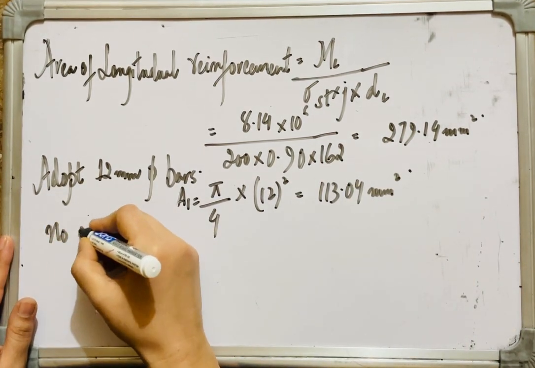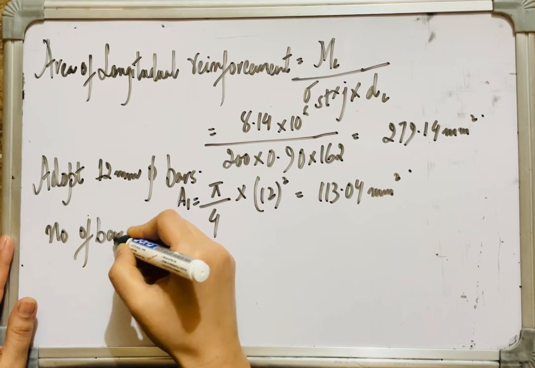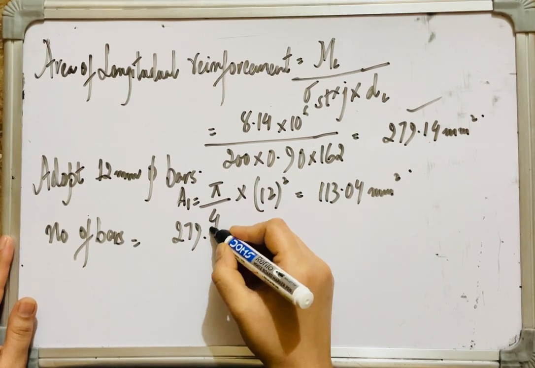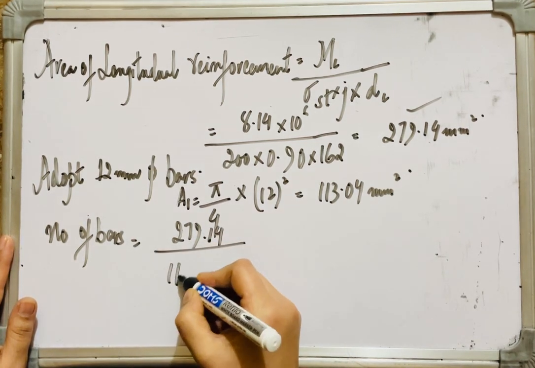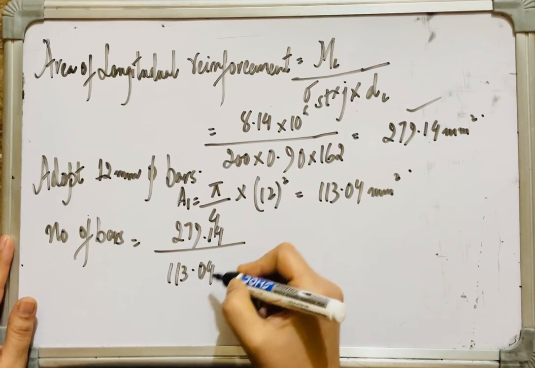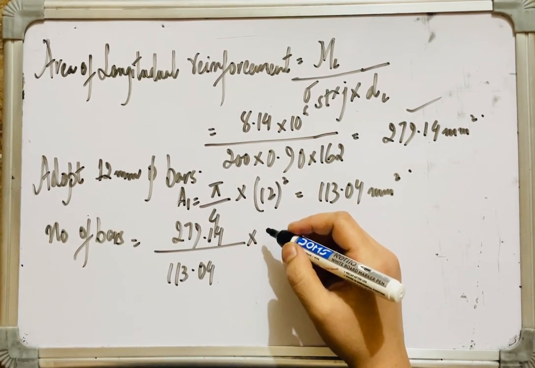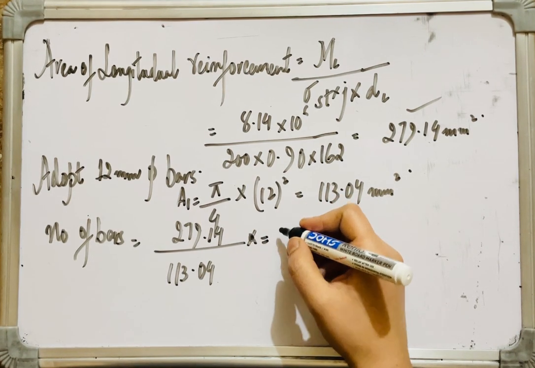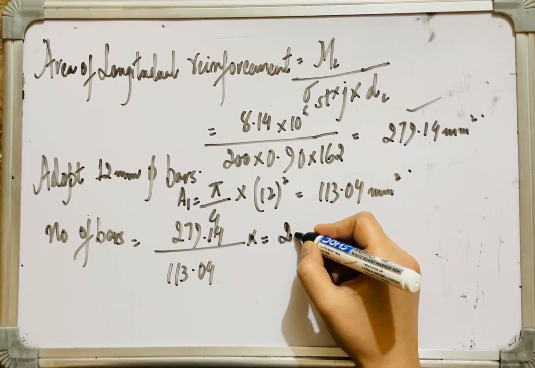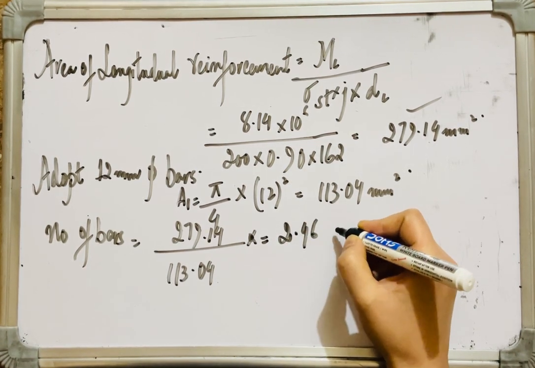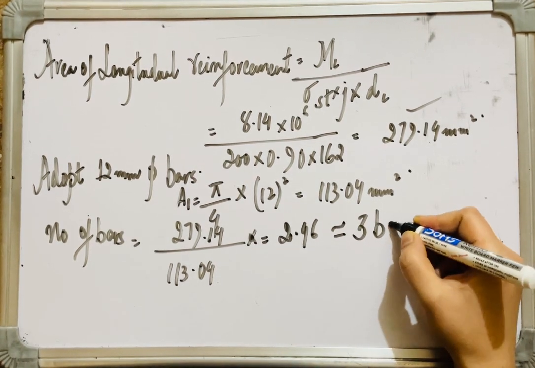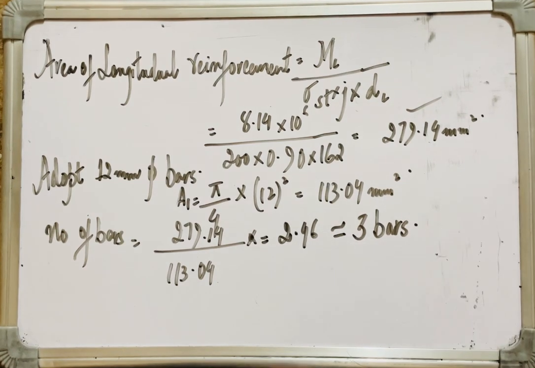Number of bars: the area of reinforcement that is required, 279.14, divided by the area of one bar, 113.04, and this is equal to 2.46, or I'll say approximately, let's suppose we are using 3 bars.